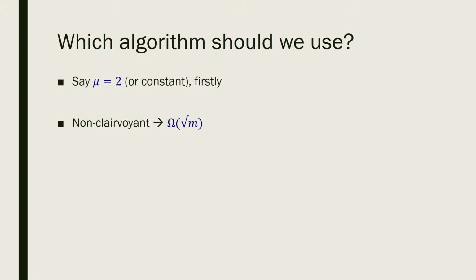One possibility is to say, since I don't know the duration exactly, let me use the non-clairvoyant algorithm. But then I get square root of m performance, which is pretty bad. Interestingly, we prove that if we use the estimation as if it were exact, then you lose quadratically. Instead of a performance of log m plus log d, you get log m times log d.